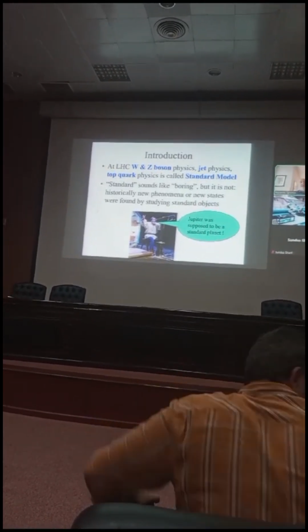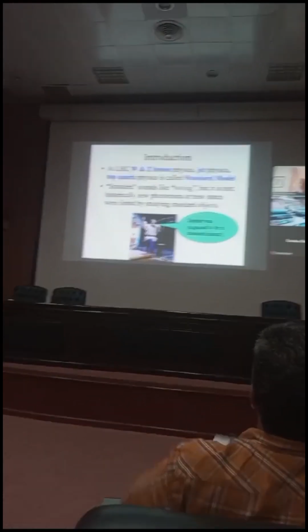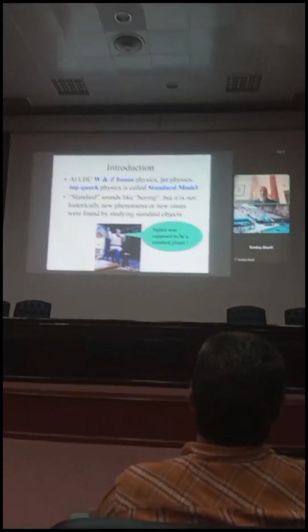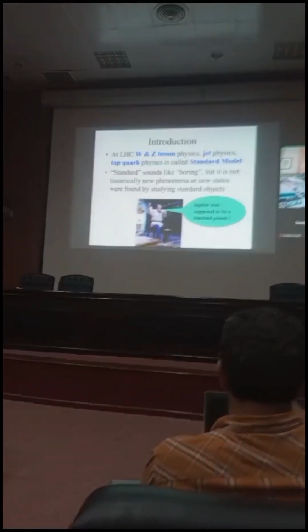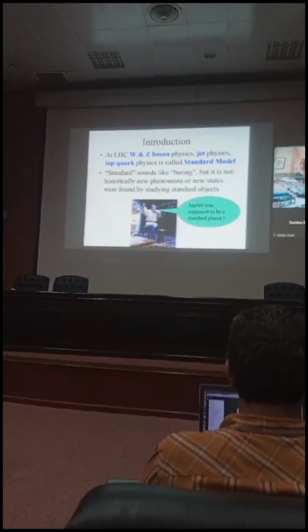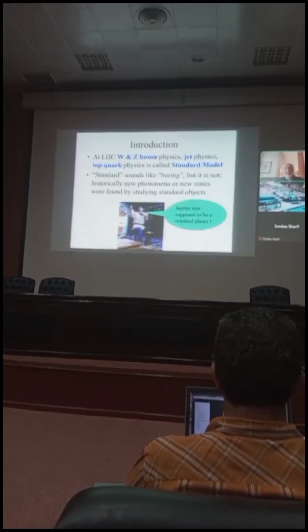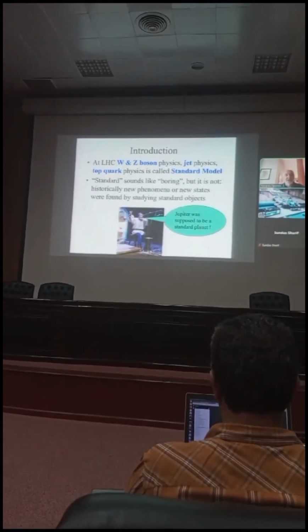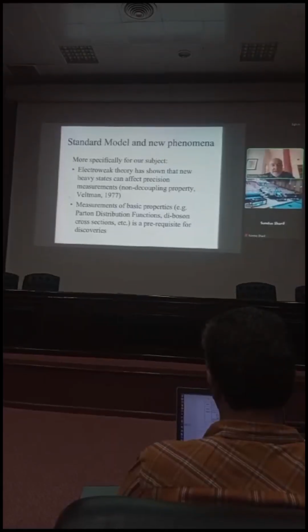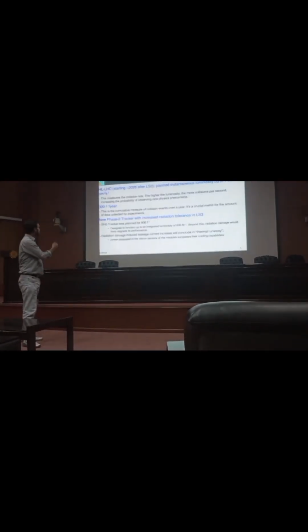So W is boson physics in general. All the subjects which are related to the standard model, like jet, photon work, and other important subjects, are called standard model, which sounds a little bit boring, but in fact it is not boring at all, because historically exploring territories by higher luminosity, the more brilliant per second, increases the probability of observing rare physics phenomena when you increase the luminosity.